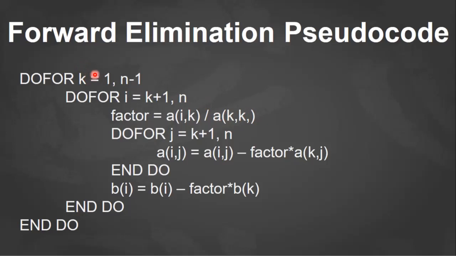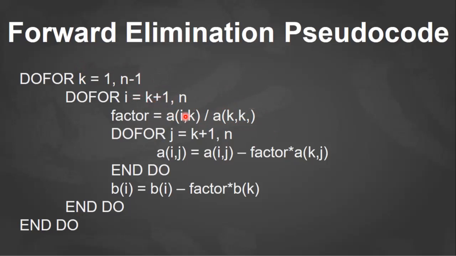If you iterate at k equal to 2 up to n minus 1, then you have A22, which is your pivot element.